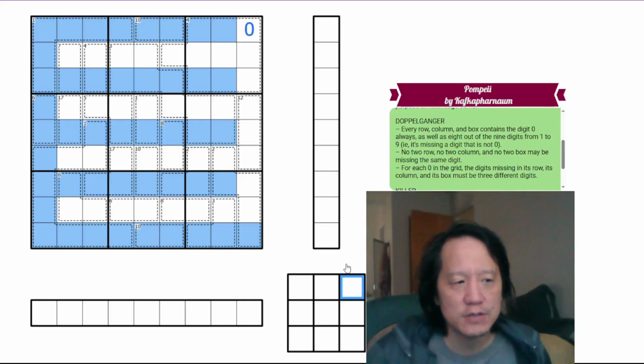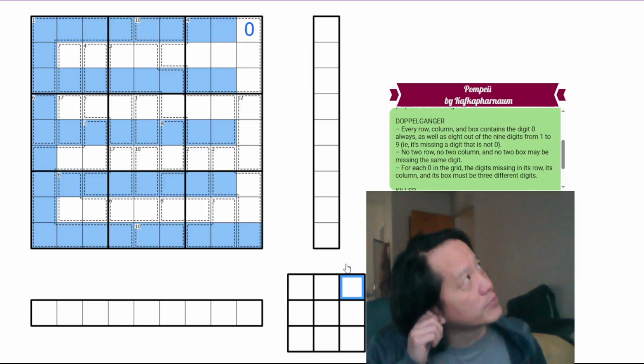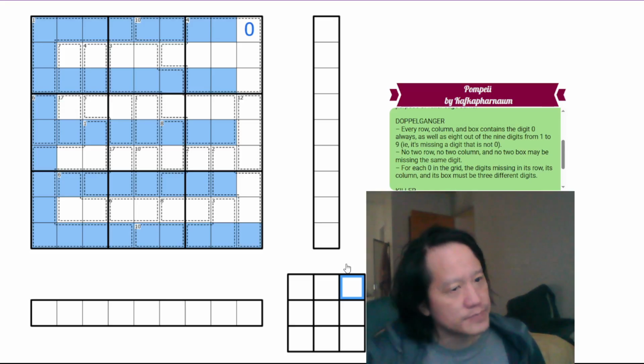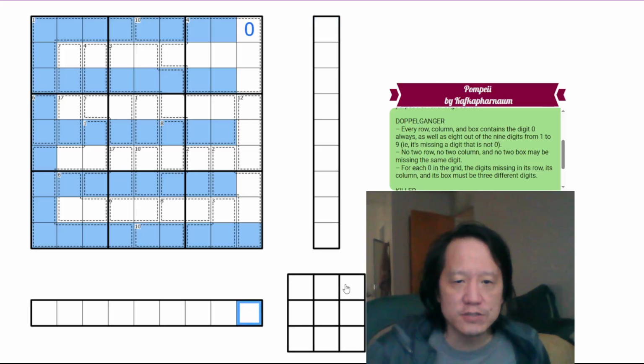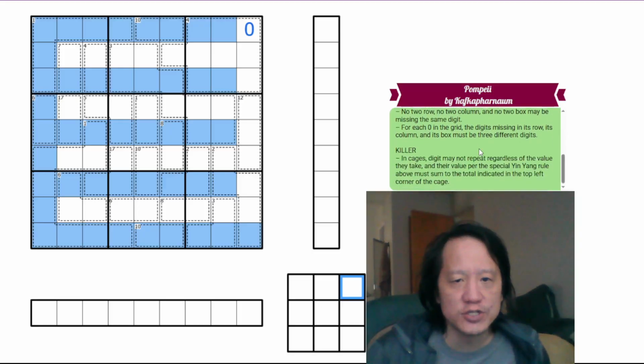That's interesting. I've done similar puzzles to this before, but this is like the first of its type. So each of those digits relating to each 0 must be different for its row, its column, and its box. That's for the digits missing.